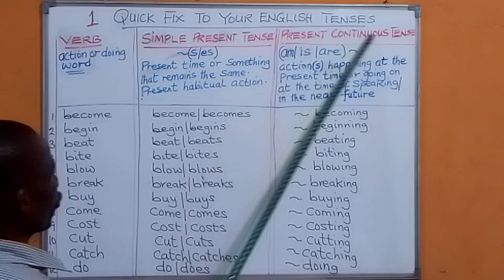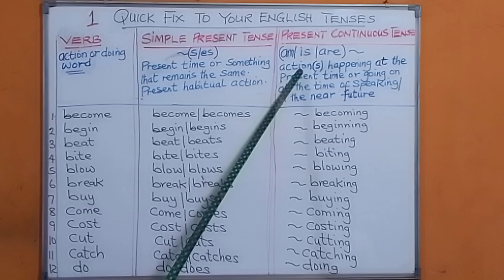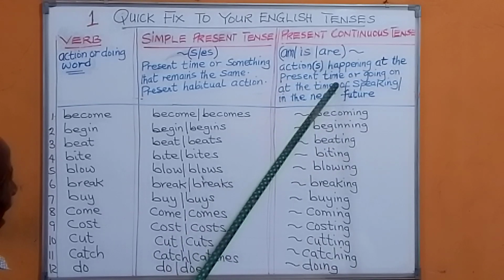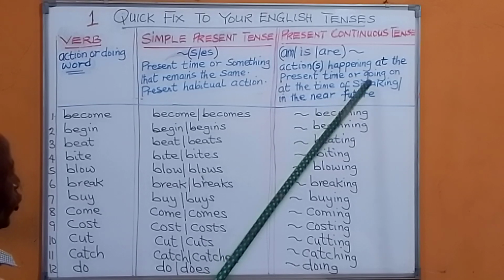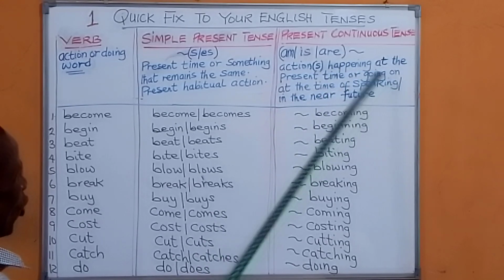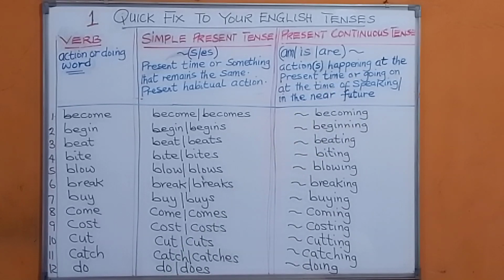Now, present continuous tense talks about action or actions happening at the present time, or an action or event that is going on at the time you are speaking or in the near future.